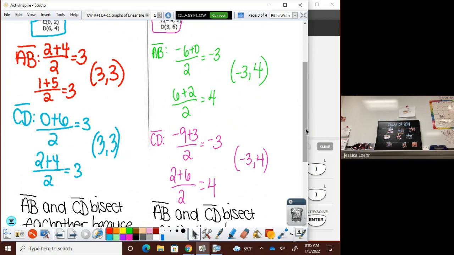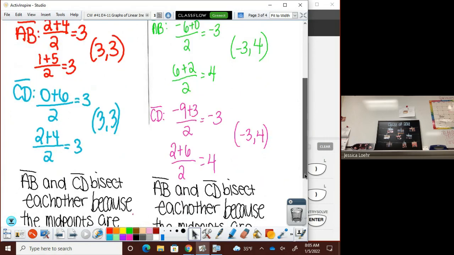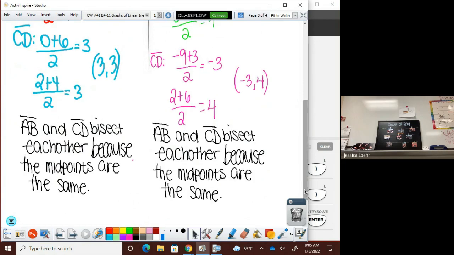All right, so the midpoint for both of them was negative 3, 4. Anyone want me to explain any of the math behind that? Okay, and then your sentence, identical sentence to the first one. AB and CD bisect each other because the midpoints are the same.